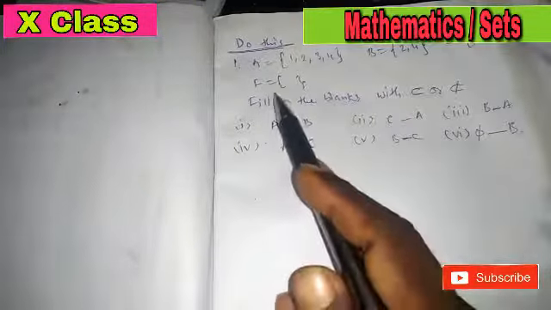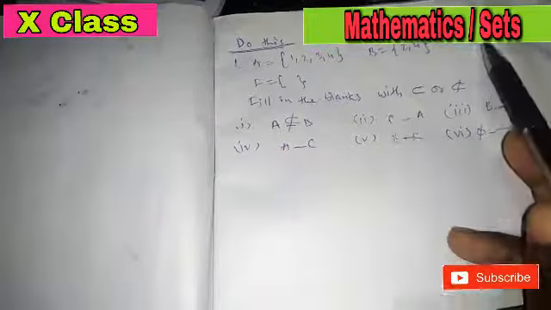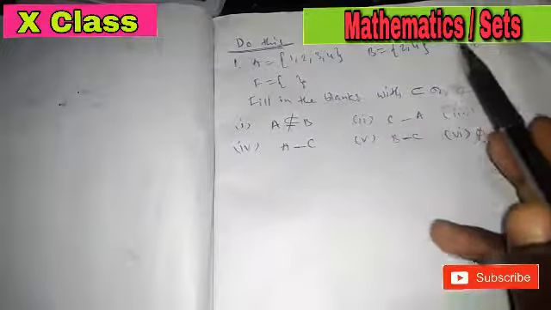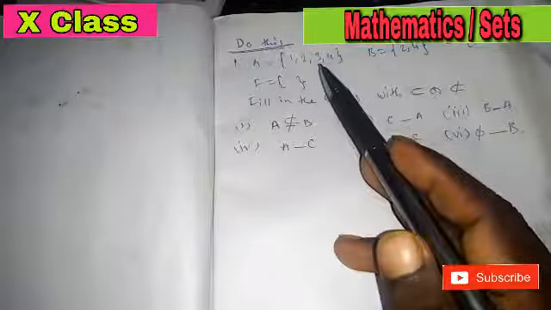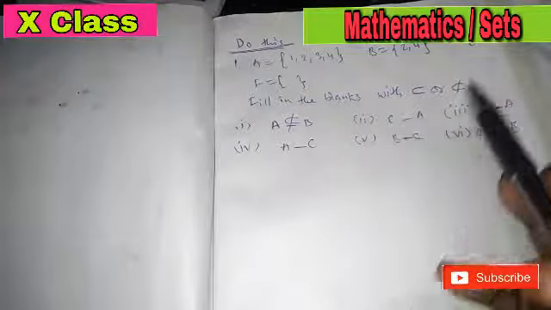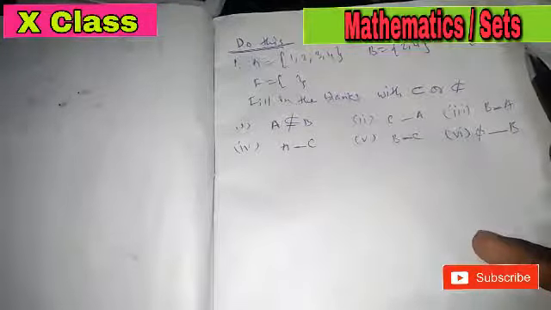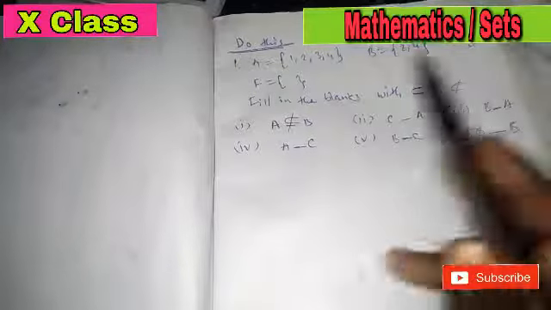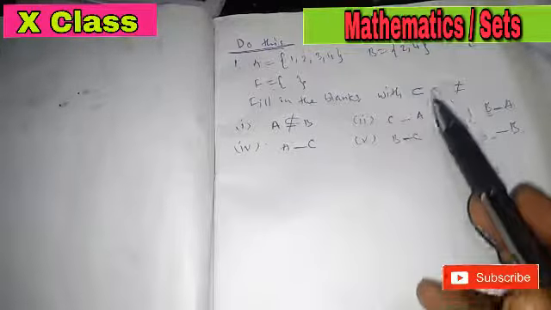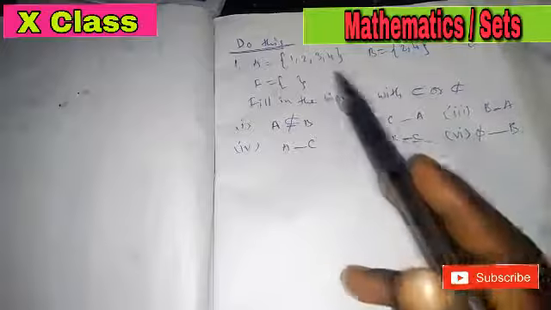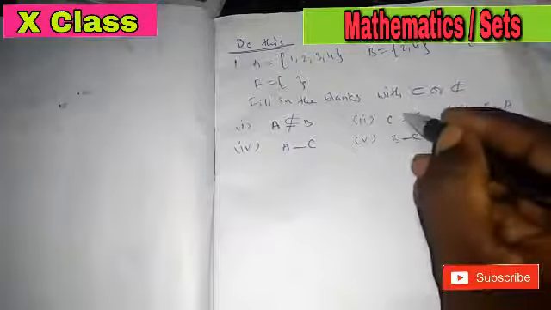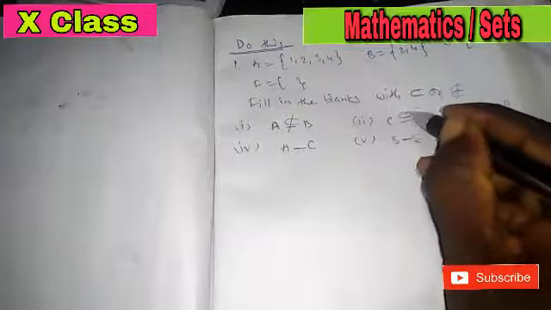So for C comma A, all the elements must be present in A, then only C is a subset of A. But here C contains 7, and A does not contain the 7 element. That's the difference. It is not present in A, that's the reason C is not a subset of A. So I am going to write the not subset symbol.